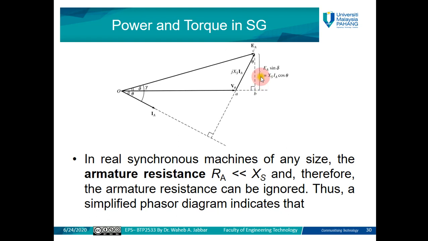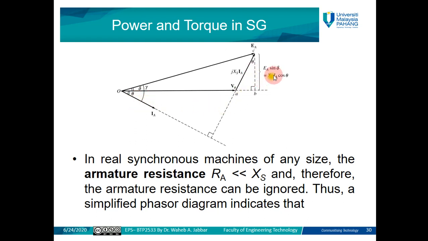We said XS. So if you apply the formula EA sine delta, this is the value of EA sine of this angle, which will equal XS IA cosine theta. When we talk about this cosine theta, it is this small one.